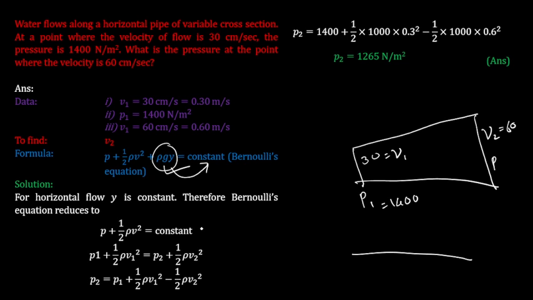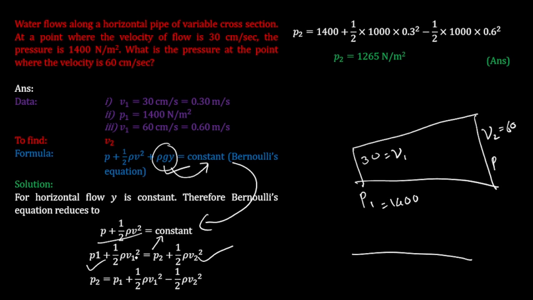We have rewritten this Bernoulli equation by transferring this constant value to the right hand side and writing it as a single constant value. So this is the expression for one region, and this is the same expression for the other region, and these two values will be equal because they both are the same constant value.